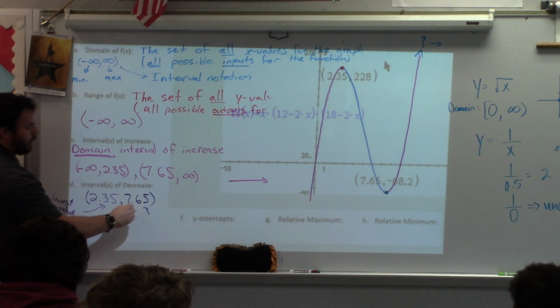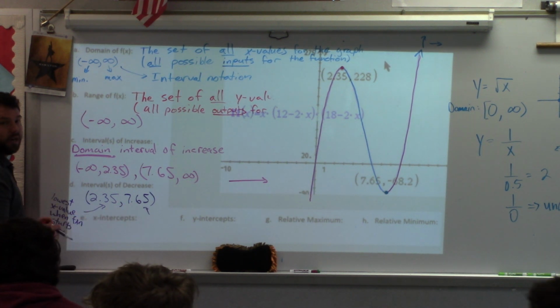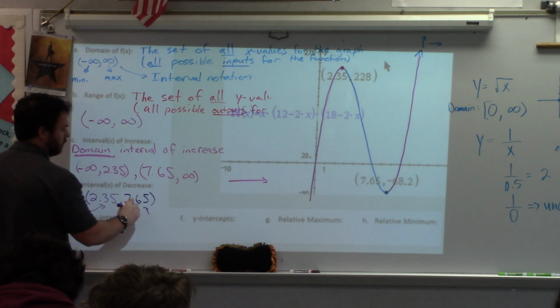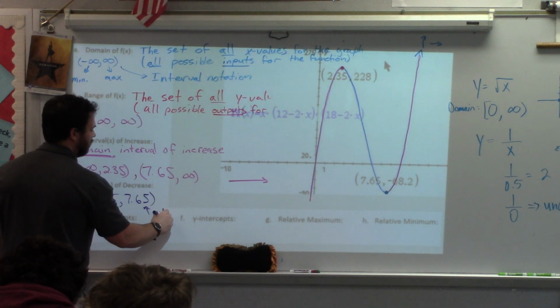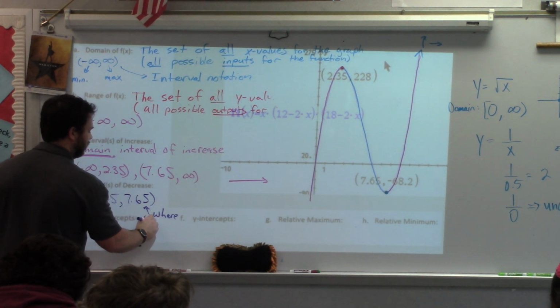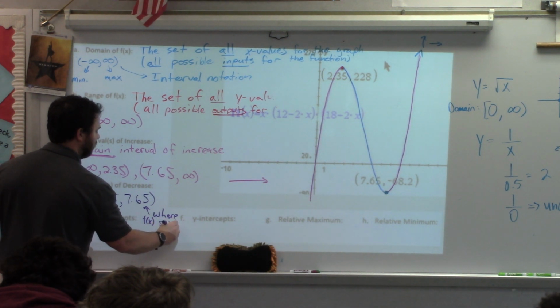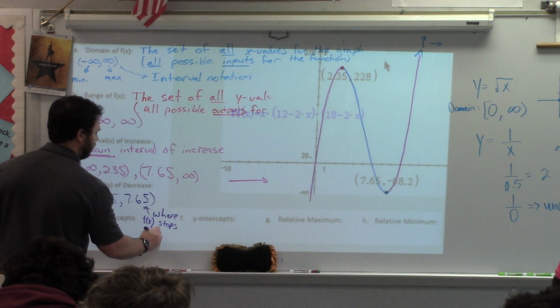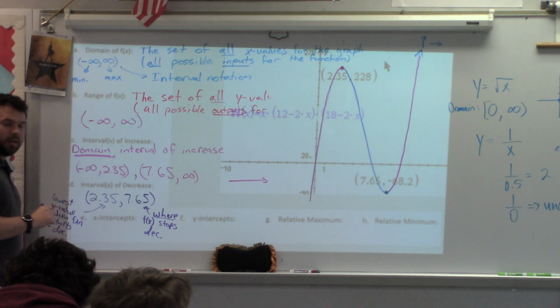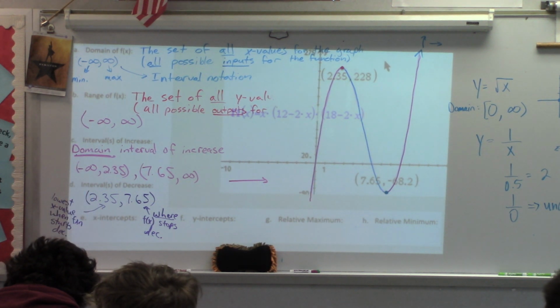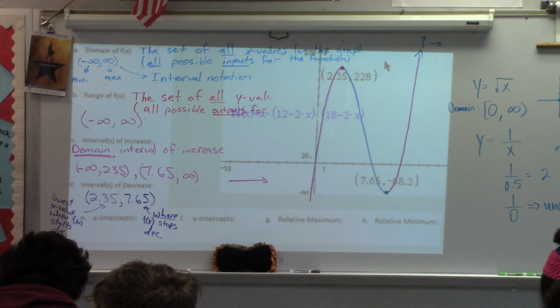And then this is where it stops decreasing, right? Just tell me why. And I will clarify and point out, whenever we say where on a graph, we're talking about the x values. Anytime I say where, I'm talking about x or domain.